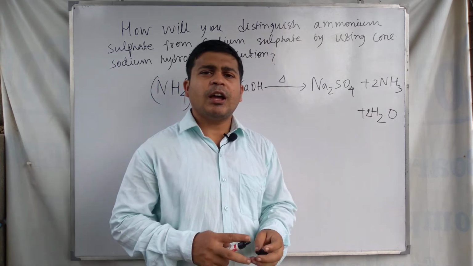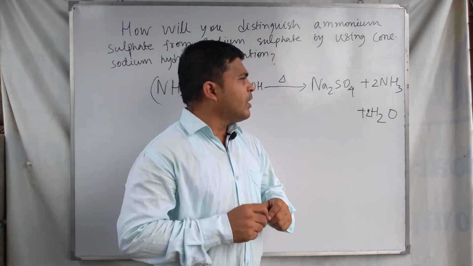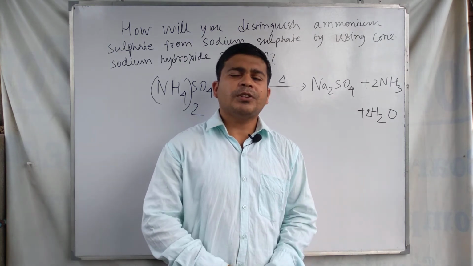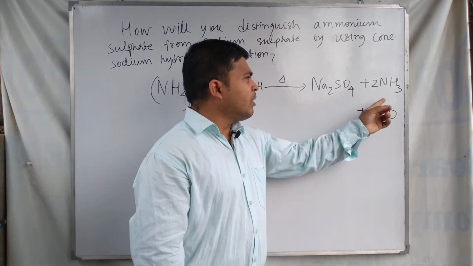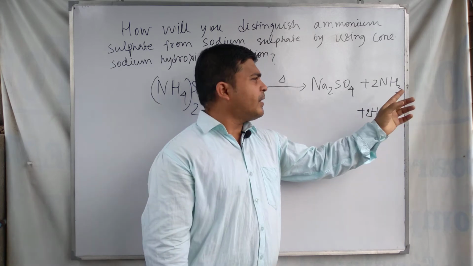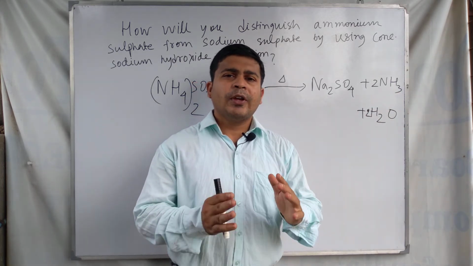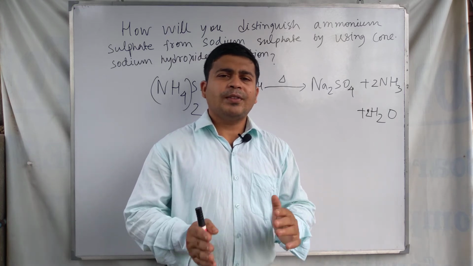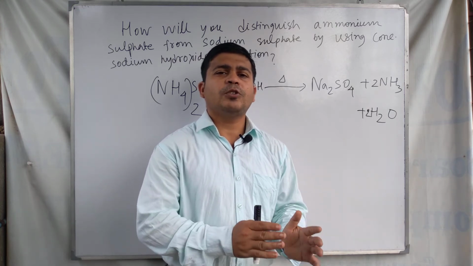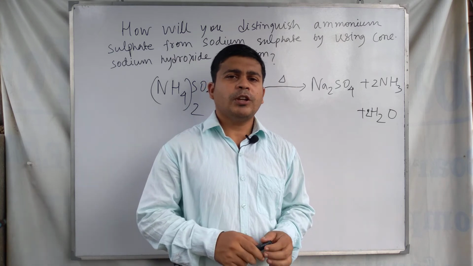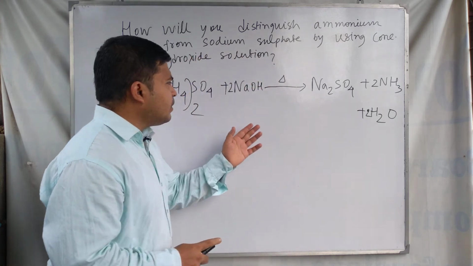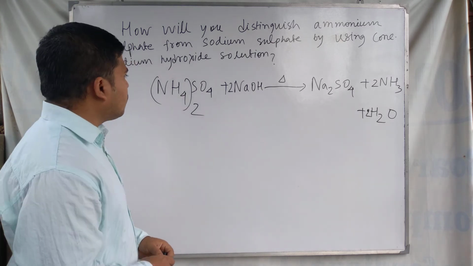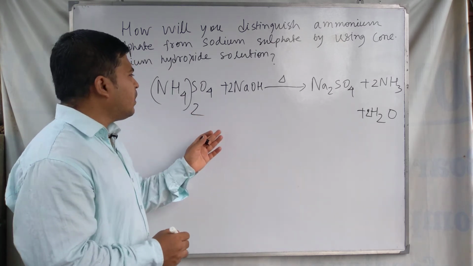Another identification is that when we bring a glass rod dipped in concentrated HCl or dilute HCl near the mouth of the test tube, dense white fumes form, because ammonia and HCl combine to form dense white fumes of ammonium chloride. So by this process ammonium sulphate can be detected.